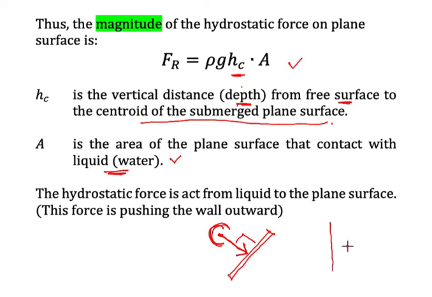If the plane is vertical like this, you need to draw the arrow like this. And if, let's say, we have water here and the wall is inclined like this, you need to draw the force like this. Please make sure that you draw the arrow showing the resultant force perpendicular to the surface.